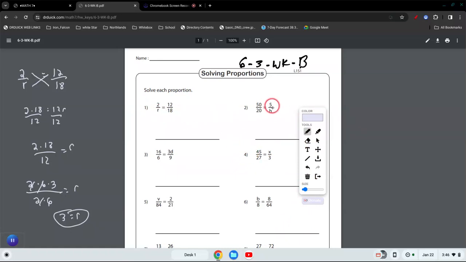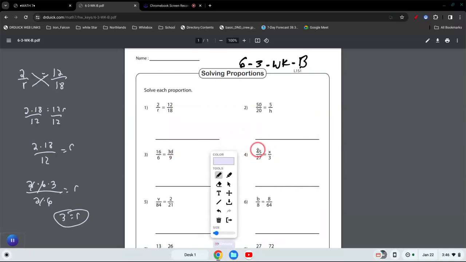Let's put one where the letter's on the top. I'll do this one first before I do this one. Let me do number 4, and you can see why I'm saving 3 for later. 4, this one I have 45 over 27 equals x over 3, right? I'm going to move this up, so it's going to be 45 times 3 equals 27x.